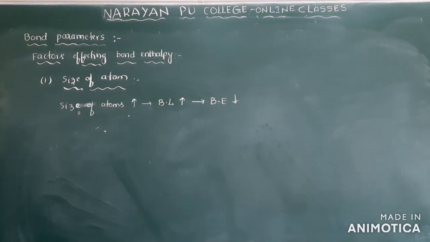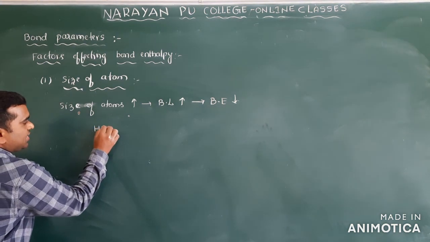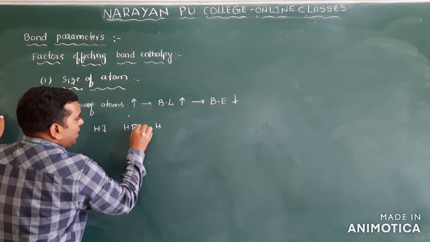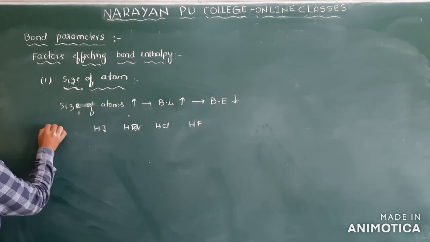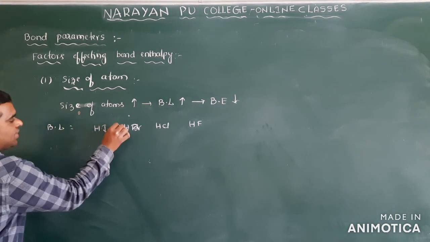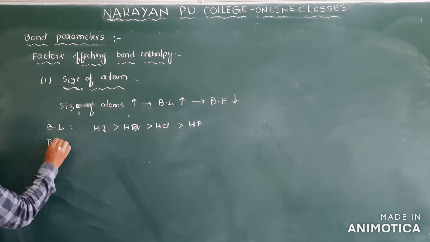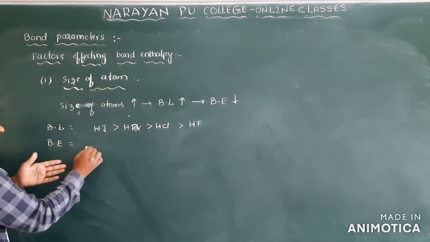And if I take the simple example, as I mentioned previously, one is HI, another is HBr, then HCl and HF. Clear? What is the bond length order here? This is the bond length order. So now, what should be the bond enthalpy or bond energy? Bond length increases, bond strength decreases.